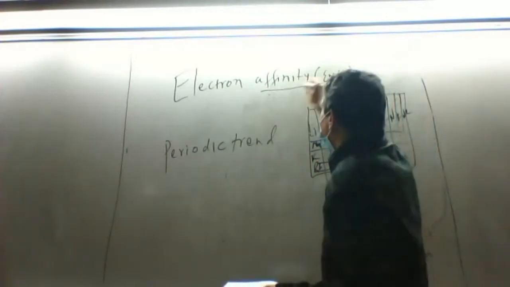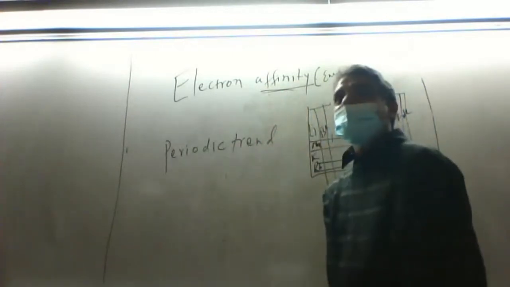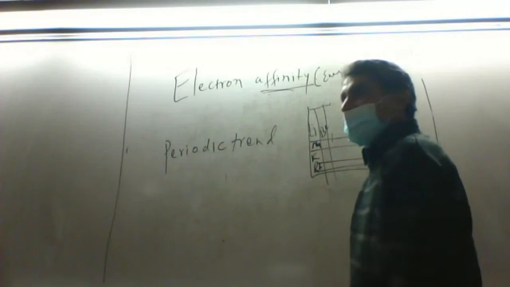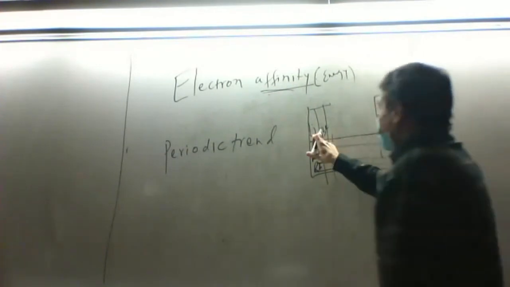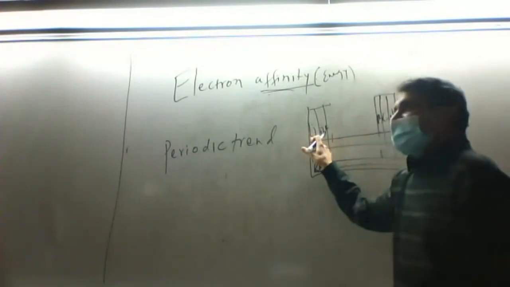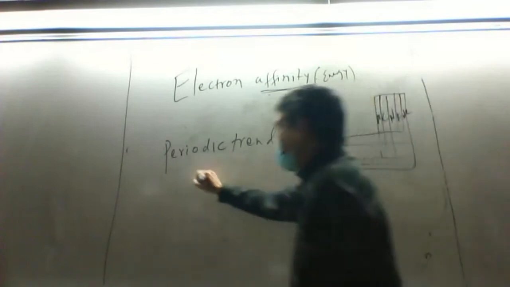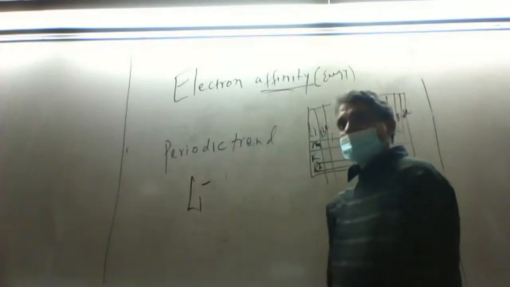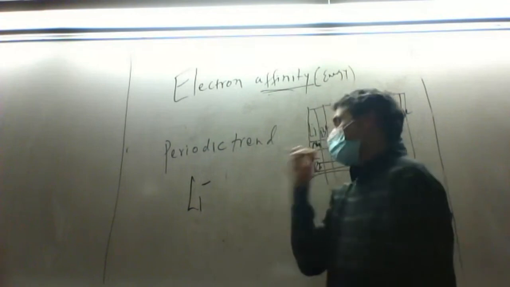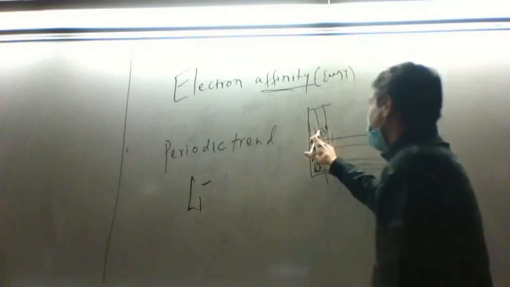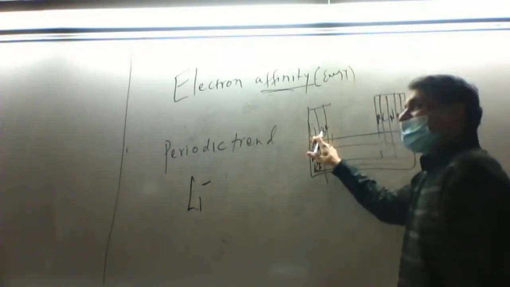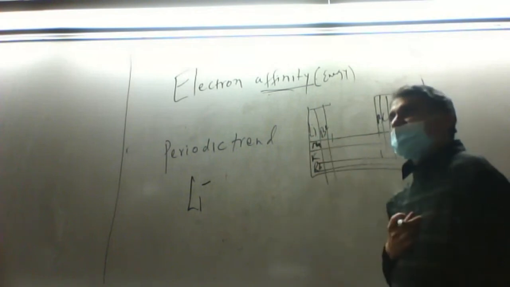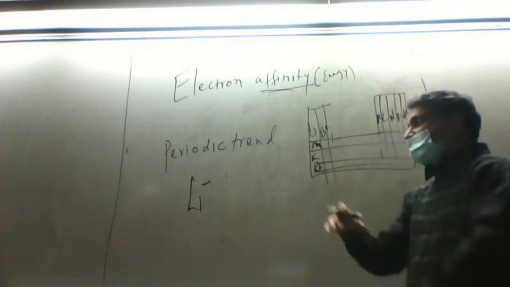I told you affinity means accept easily. So this guy doesn't want to accept the electron that easily. So you never see Li minus. You look at any chemistry book, you never see Li minus. Why? This guy has a very small electron affinity value because it doesn't want to accept the electron. It's too big.